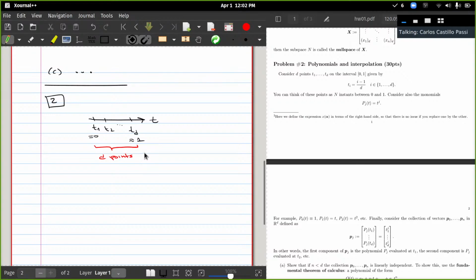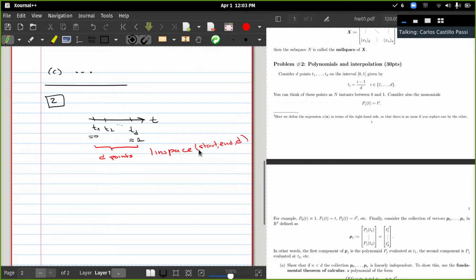Yes, we can use range, but a more similar function to this is linspace. The linspace function can define a vector of points given a start, an end, and the number of points, that in this case is d.